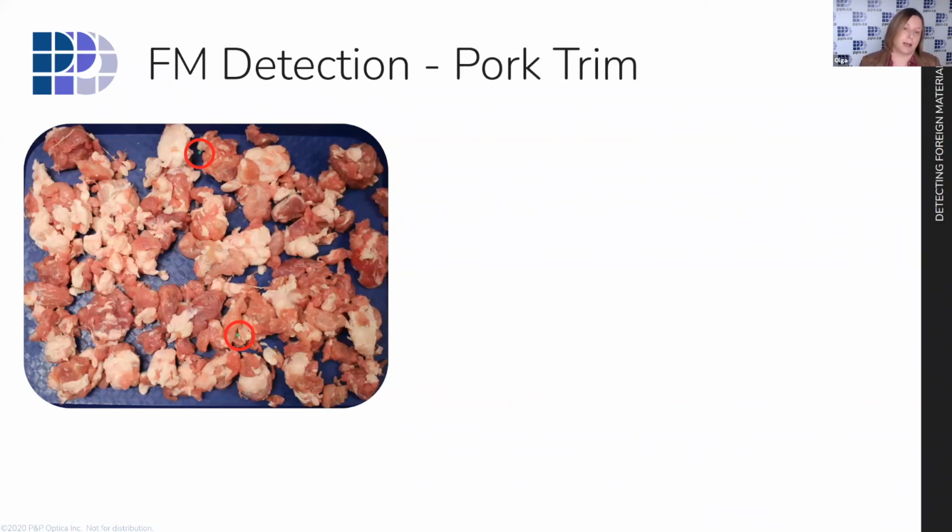One question that's asked about vision systems is obviously the fact that they're vision, so they don't penetrate into product. And that's true to most vision systems, although infrared light does penetrate into product, it does get things quite blurry. But how this is solved very often is by flipping the product. So here is an example of pork trim with a couple of foreign objects visible, but we don't know if the meat might not be obscuring something else.